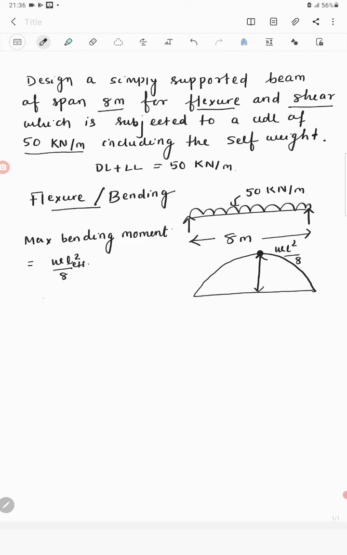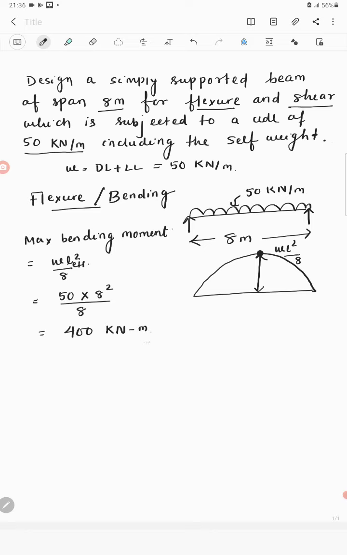This L is given 8 meter, and W is the total loading, it is 50 kilonewton per meter, length is 8 meter. So if we calculate, this will be 400 kilonewton meter.